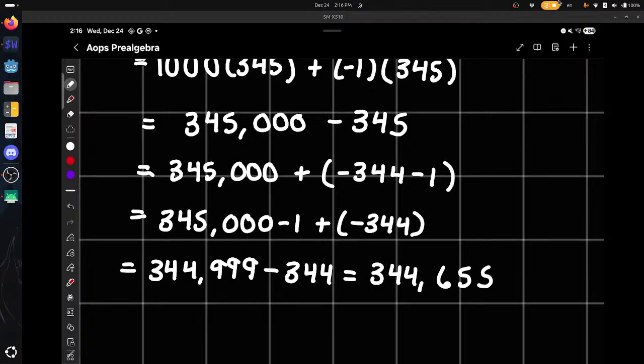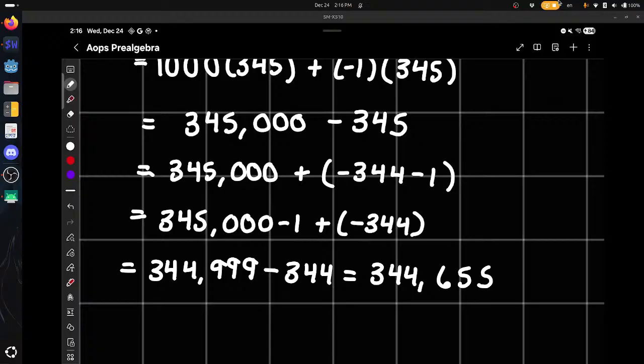Is that even right? Oh my god. Okay, that is right. I had to pull up the calculator for that one. I was not sure. But yeah, okay, that's right.